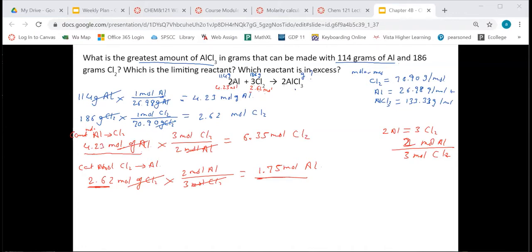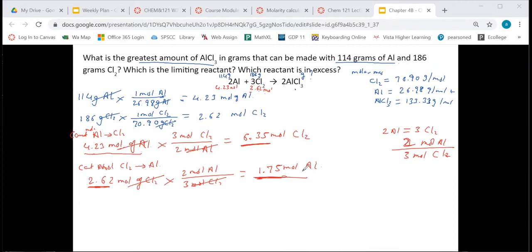So if that much of aluminum is used, then how much chlorine do we need? We need that much of chlorine, 6.35, for that reaction to happen, right? And do we have that much of chlorine to be used? No. We don't. But if we use that much of chlorine, we only need 1.75 mole of aluminum.